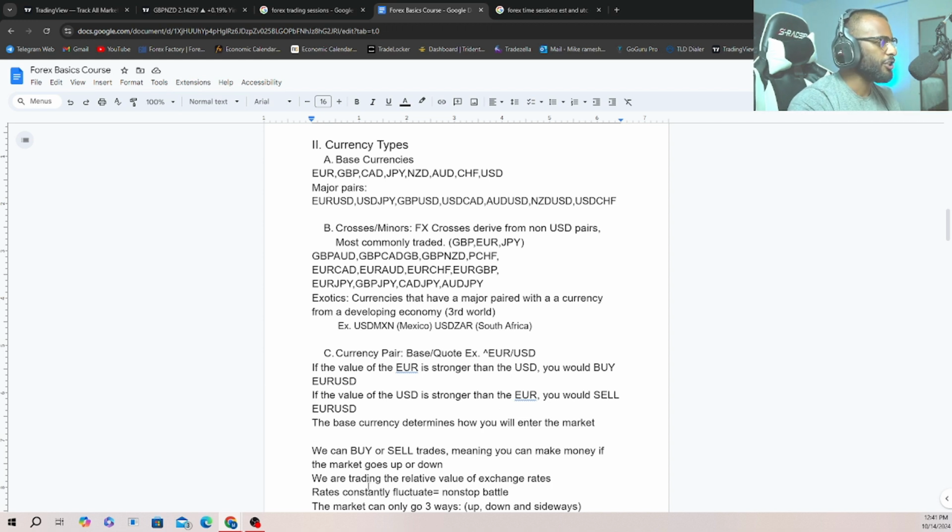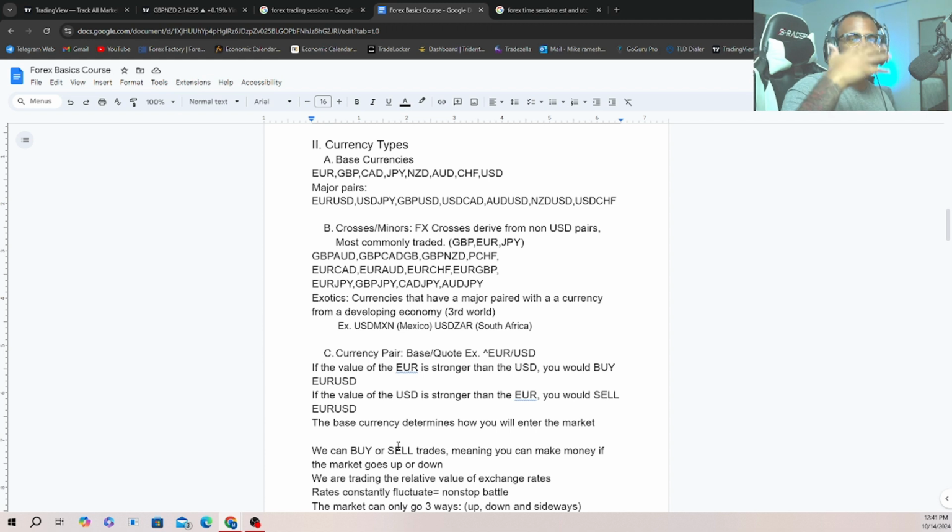So essentially, when we are trading the value of exchange rates, since rates constantly fluctuate, it's going to be a non-stop battle, okay? Meaning that the market is constantly going head to head. Who's going to beat who? Obviously, guys, all economies generally want to go up, but that's not what happens over time.